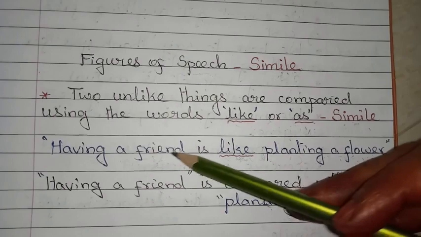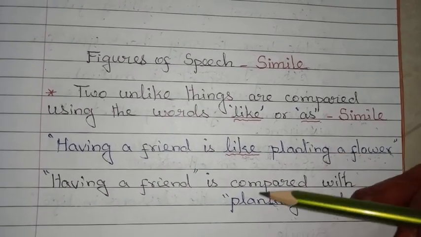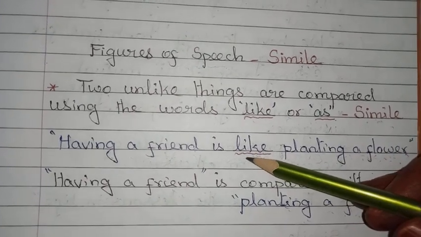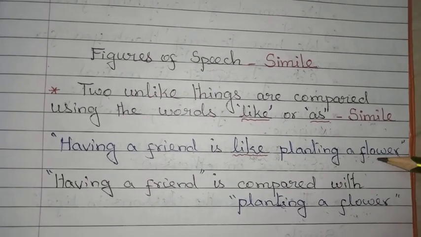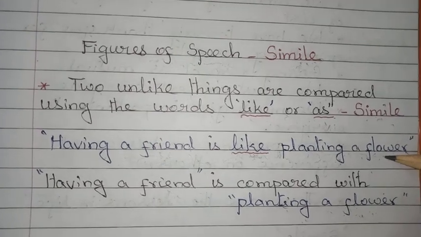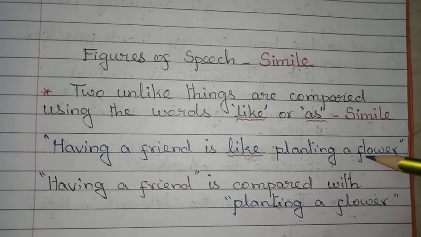They will give you a poetic line and ask what is the figure of speech mentioned in this poetic line. That is, you are asked to identify the figure of speech given in the poetic line.